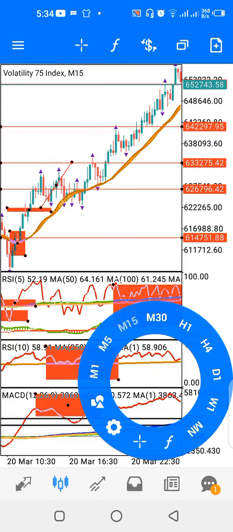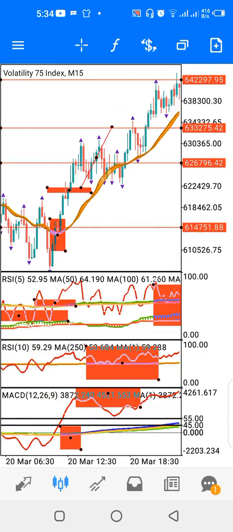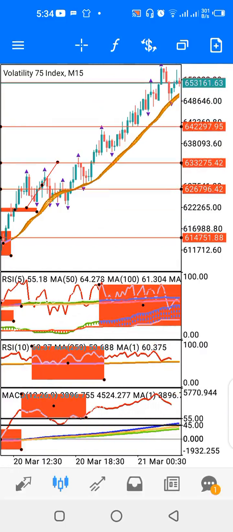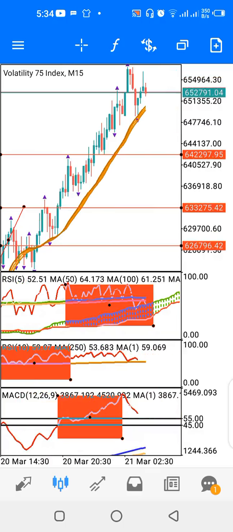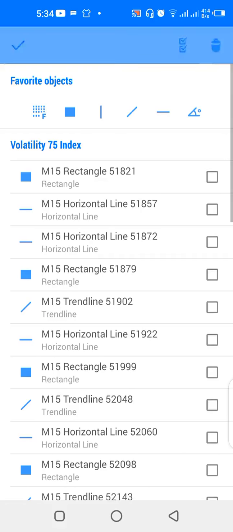You can see when it crosses above the moving averages around here, it's been buying, and it has not crossed back below the moving averages, so it's still in a bullish trend. So that's basically what the strategy is all about.